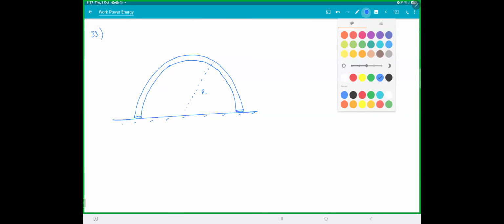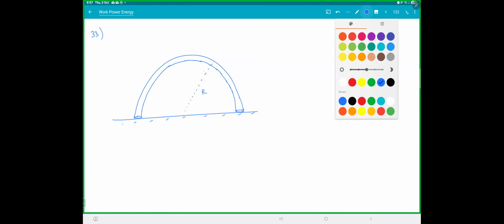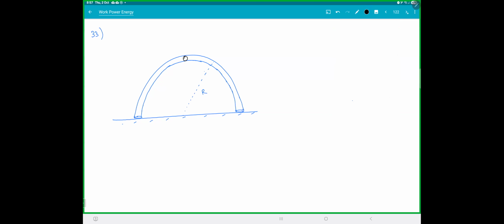This is the radius r. We have two spheres on the top, mass m and mass m. They're both released from rest. Capital M is the mass of that semicircular pipe.